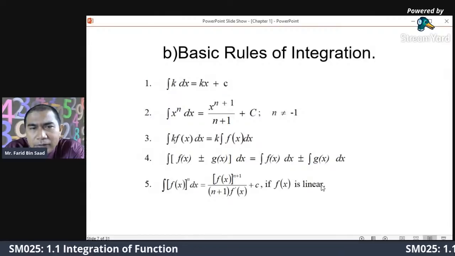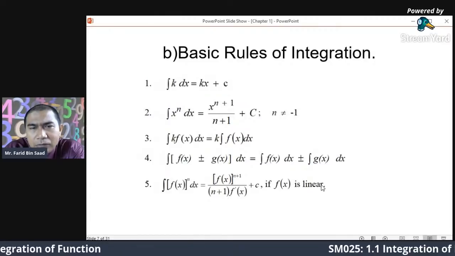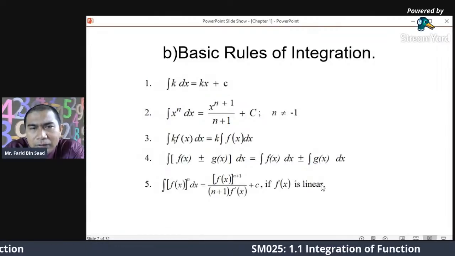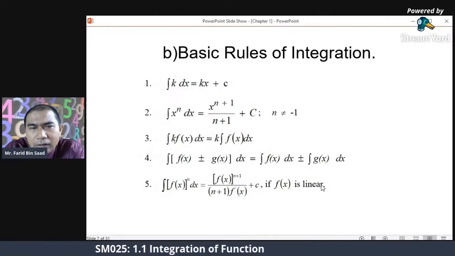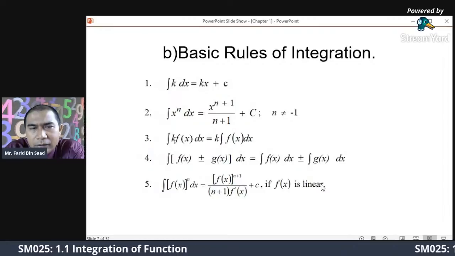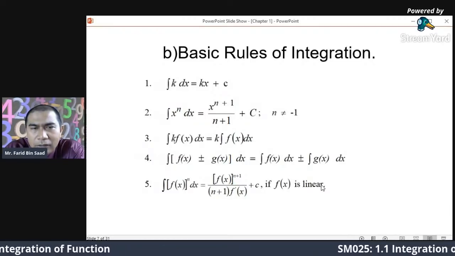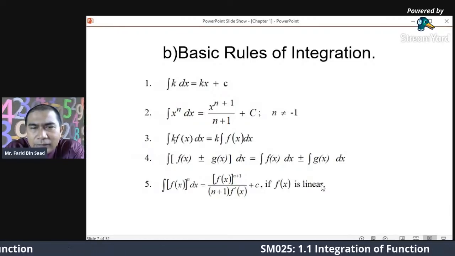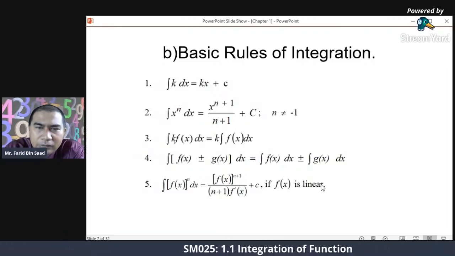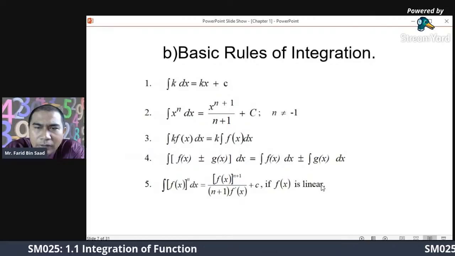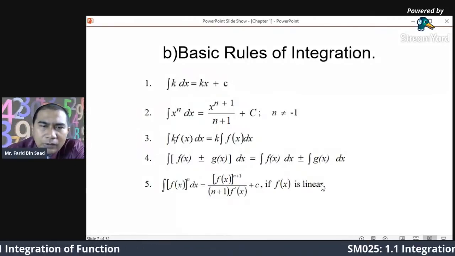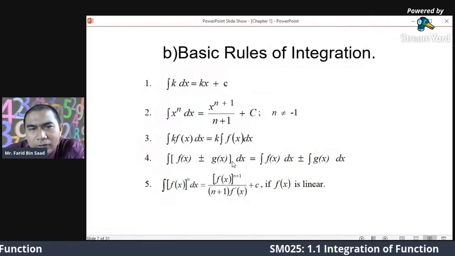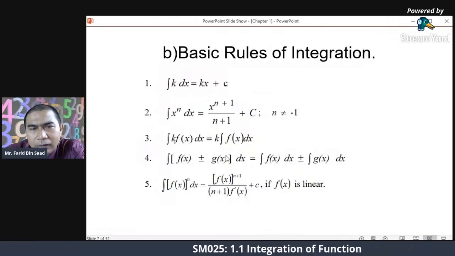The third: integral of k fx dx, we can put k outside of the integration, and we get k times the integral of fx dx. Number 4: integral of fx plus or minus gx dx is equal to the integral of fx dx plus or minus the integral of gx dx. That means if we have such an integration, we can separate it.